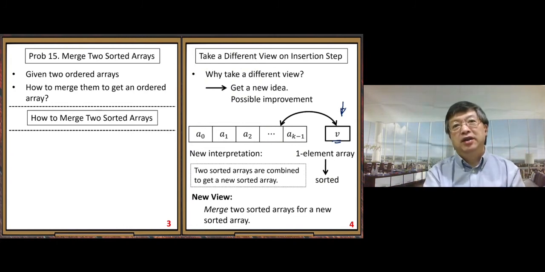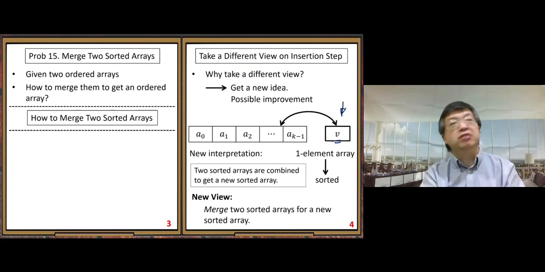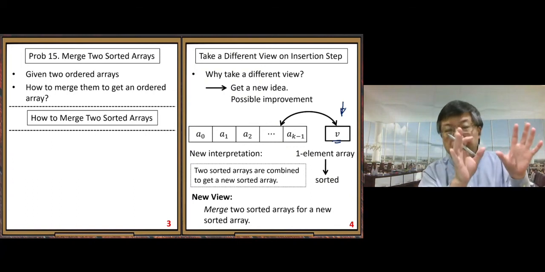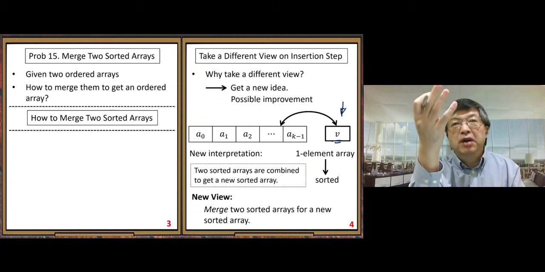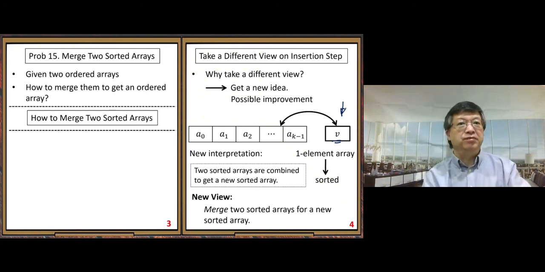In my next video, I will talk about the merge step, the merge operation. You can see part of the merge step is very similar to our old insertion step. All right, so next, we need to have a good discussion on this merge step.